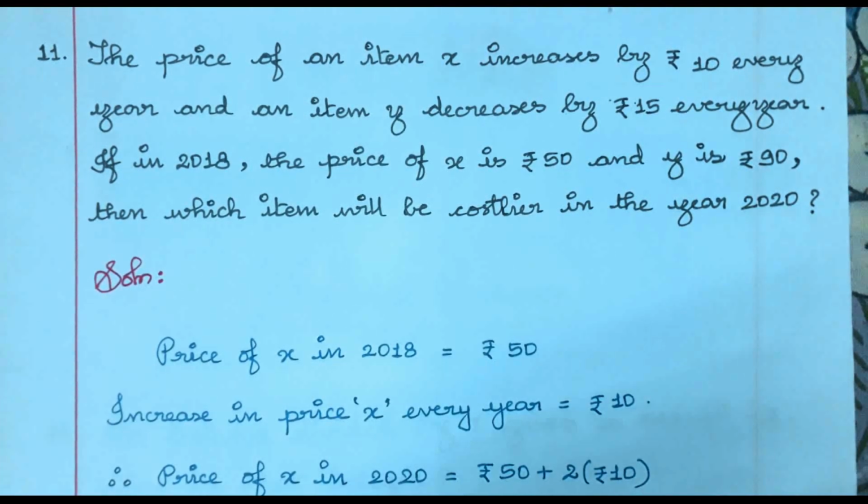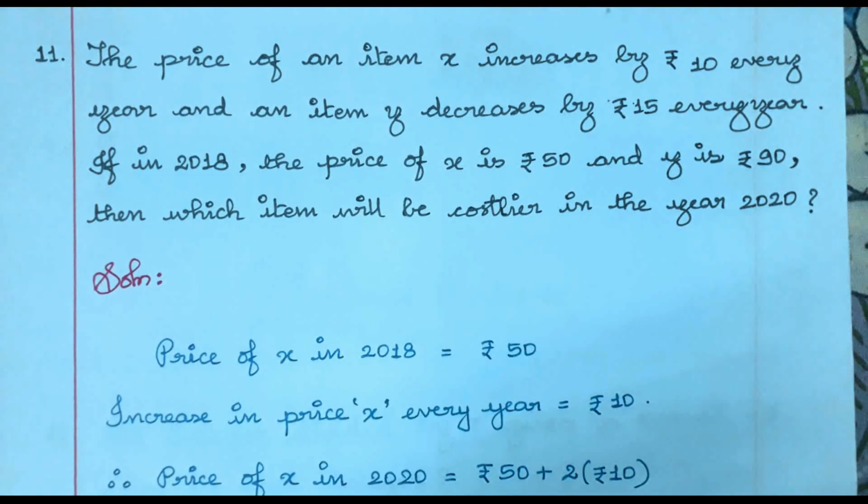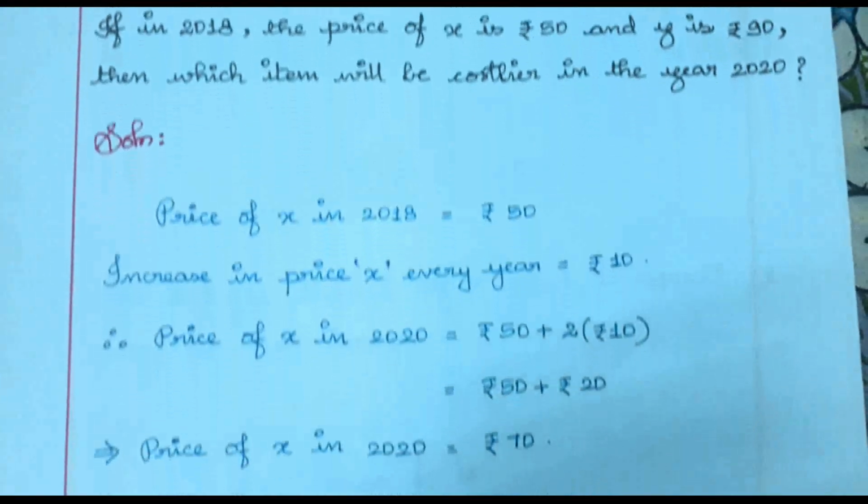Now they are asking which item will be costlier in the year 2020. They are talking about 2018. So the difference between 2020 and 2018 is 2 years. Okay, so now we are going to calculate the change over 2 years. Clear? Solution.